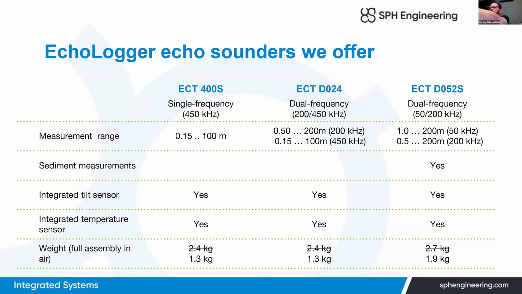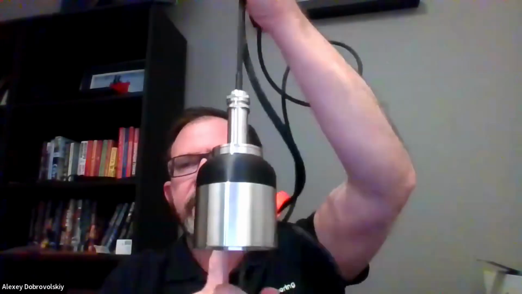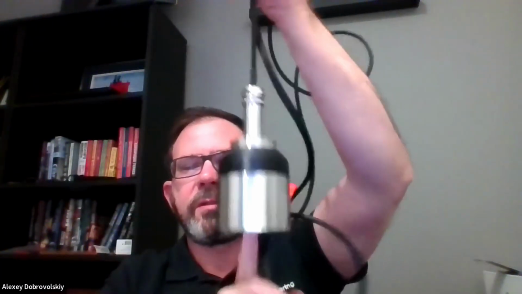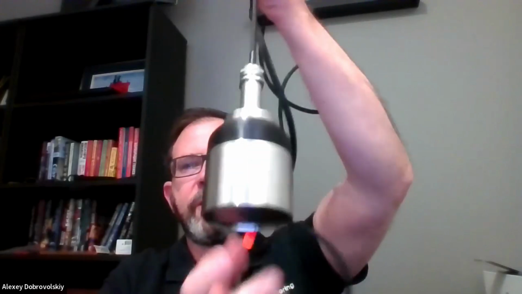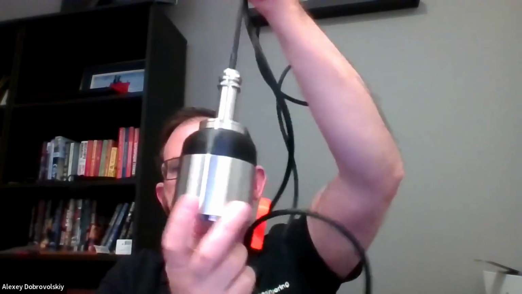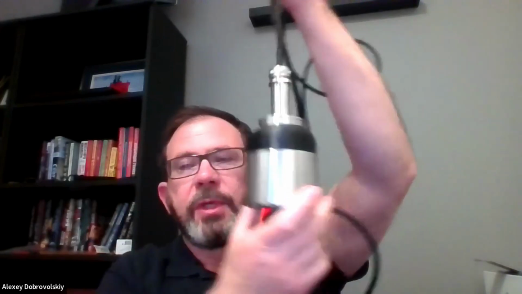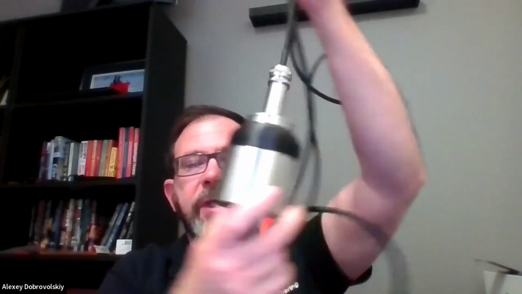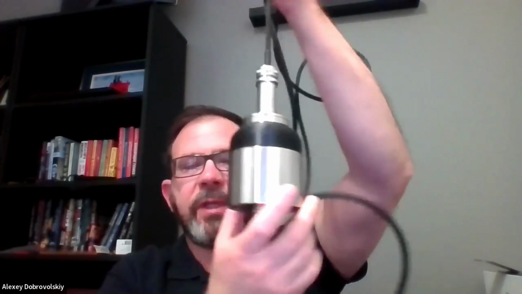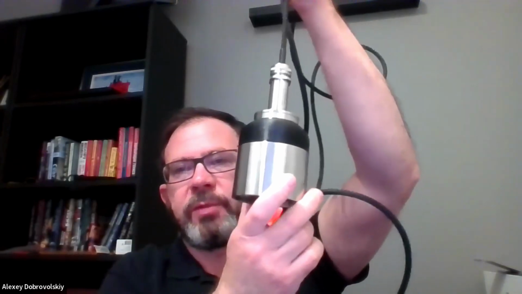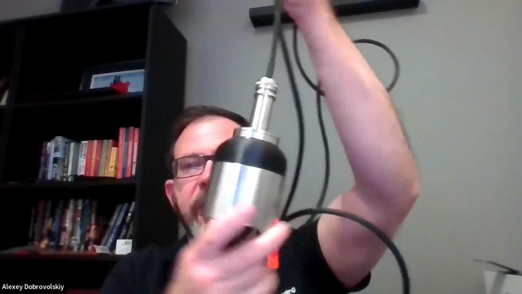Actually, I have a sensor on my table, I will show it, one second. It's a new model, the D052. It doesn't have hard mounting, so it is not extremely stable in the water. So we need to monitor the actual orientation of the sensor for every measurement, and here tilt sensors are extremely important. We can correct measurements and we can also reject data readings when the sensor is far from vertical orientation.